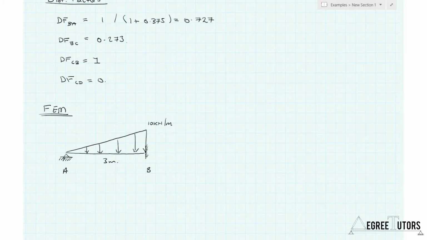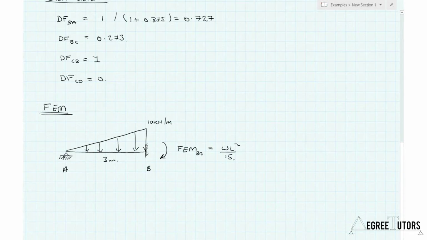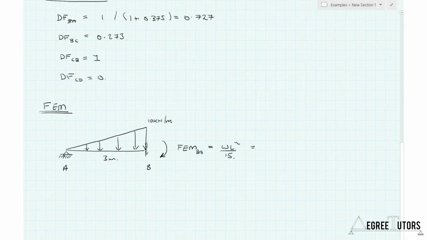We know that that's going to develop a fixed end moment at joint B, and we're going to label that fixed end moment FEM BA, and that is equal to, in this particular scenario, WL squared over 15, and that is going to equal 6 kilonewton meters. So when we lock joint B, due to the loading to the left of joint B, that is the moment that would develop if we locked up that joint.